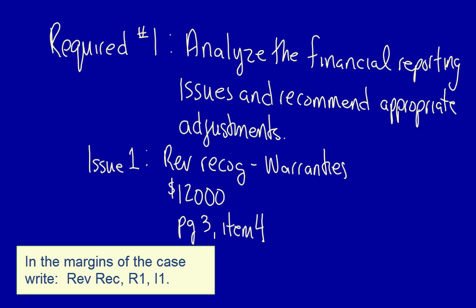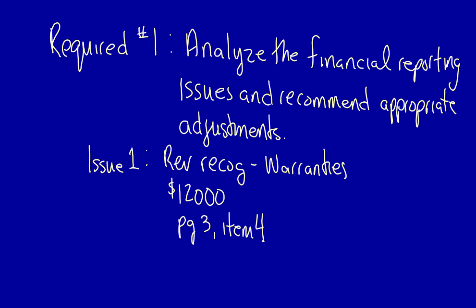This will be on the actual case. It tells me that this is issue number 1 for required number 1 that covers revenue recognition and is for $12,000. Again, this is going to help me to find everything quickly when I start my analysis, which, by the way, you have not done as yet.